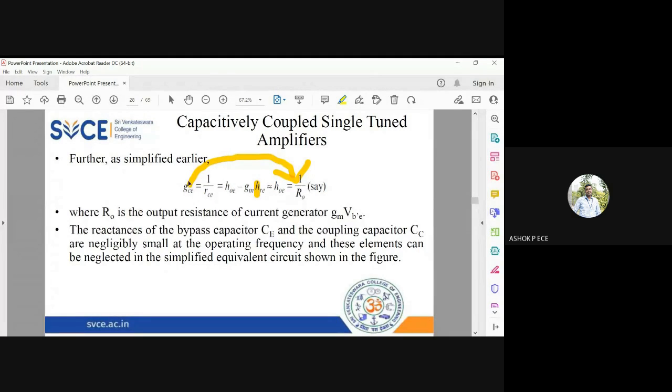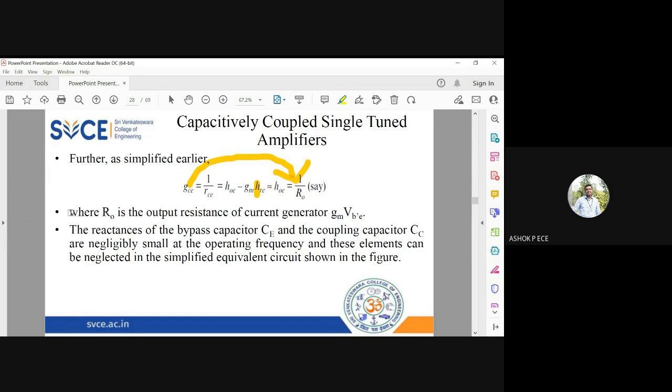G C E is a very unfamiliar term and I don't relate G C E to any of the circuit parameters, so I write G C E in terms of R naught. When it comes in series, it will be R naught. When it comes in shunt, to indicate that it is a conductance, I write it as 1 by R naught.